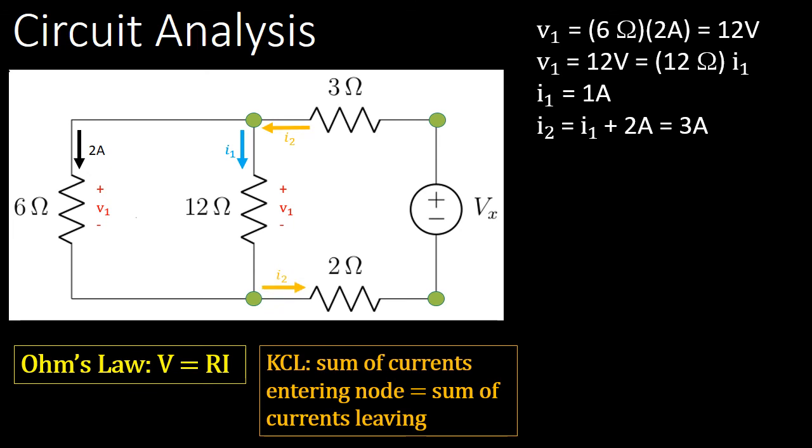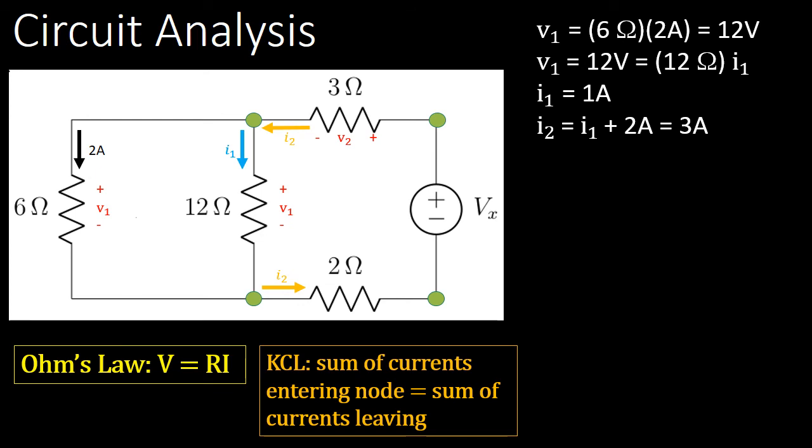We also see that I2 must be the current flowing in that entire wire, through not just the 3 ohm resistor, but through the voltage source and the 2 ohm resistor. So that means that we can specify I2, the current through the 3 ohm resistor.